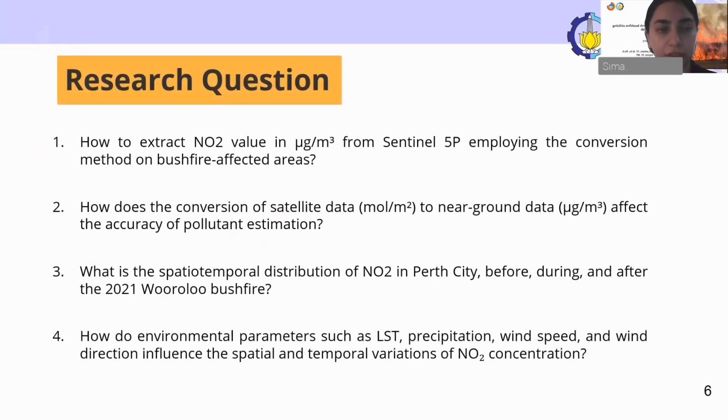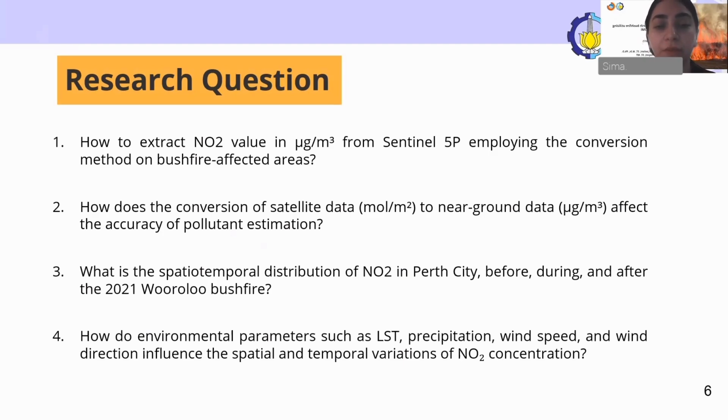The questions of my research are: how to extract nitrogen dioxide value in microgram per cubic meter from Sentinel-5P, employing the conversion method? Also, how does the conversion of satellite data from mole per square meter to near-ground data, meaning microgram per cubic meter, affect the accuracy of pollutant estimation?